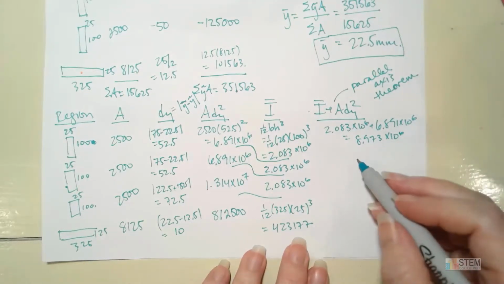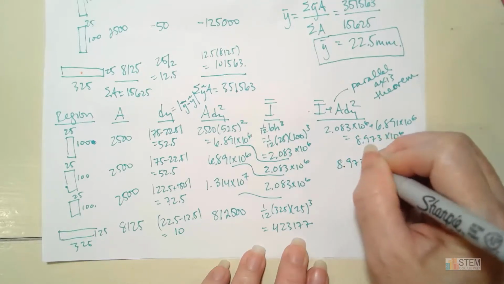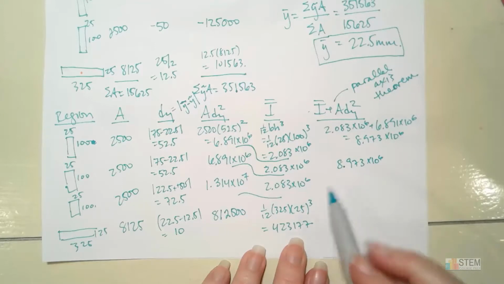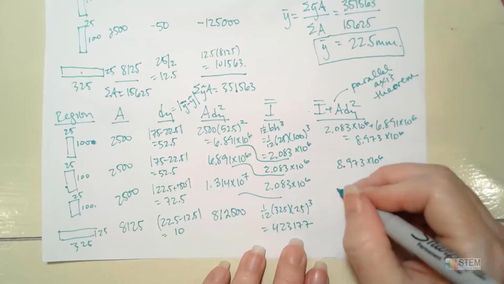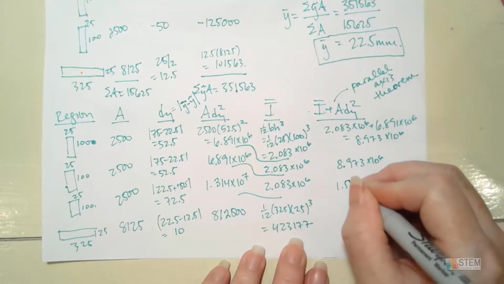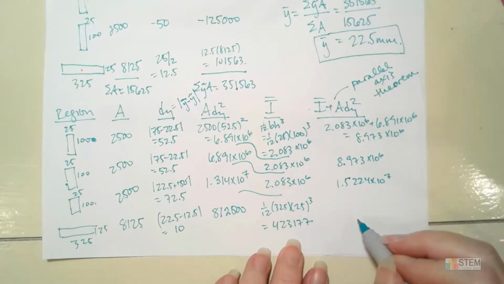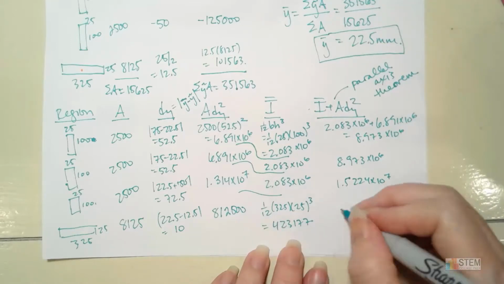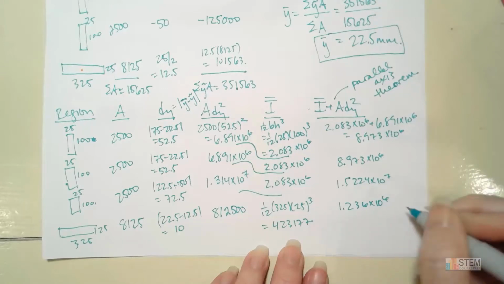You probably guessed we get the same thing in the second row since the numbers are unchanged. For this one, it's going to be a little bit different because I have 2.083 times 10 to the 6th plus the 1.314 times 10 to the 7th. So this one ends up being 1.5224 times 10 to the 7th. And then finally the last one, just add these two values up. You're going to get 1.236 times 10 to the 6th.